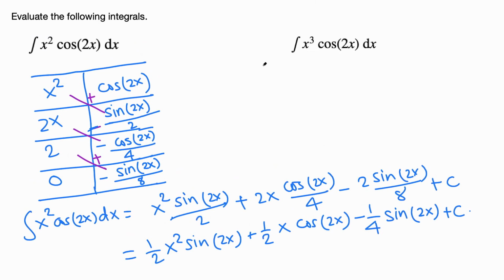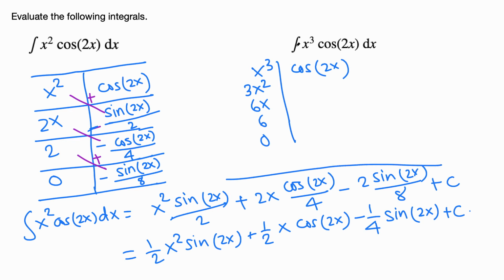This one is the derivative column, and we need to do antiderivatives for this. 3x squared, 6x, 6, 0. I'm just taking derivatives. Now I need to take antiderivatives here. The antiderivative of cosine is sine 2x over 2.